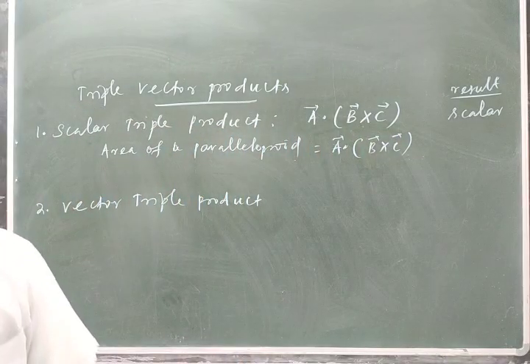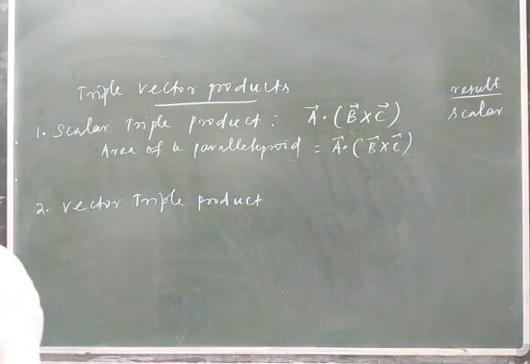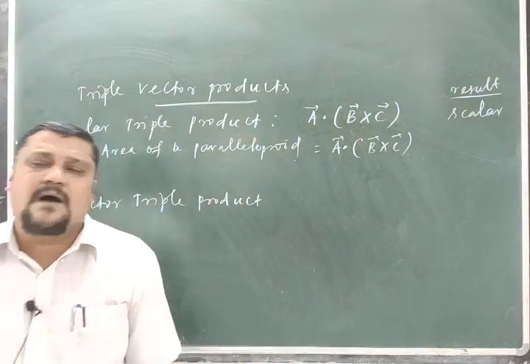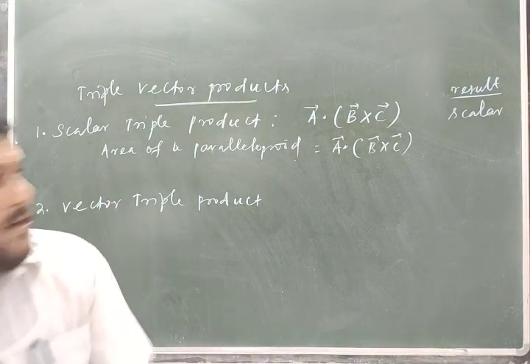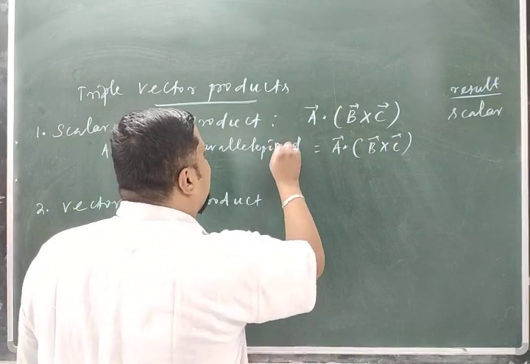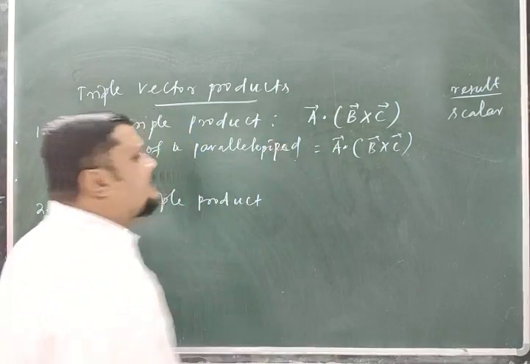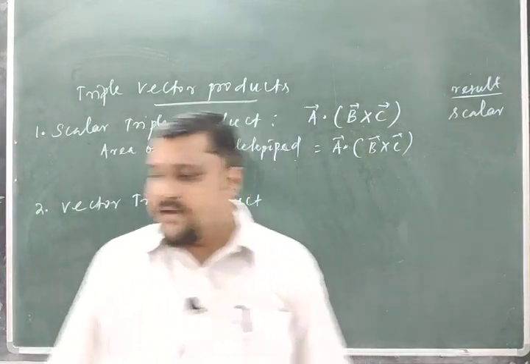Okay. So if the 3 vectors are represented as the 3 sides of a parallelepiped, then this is A dot B cross C.